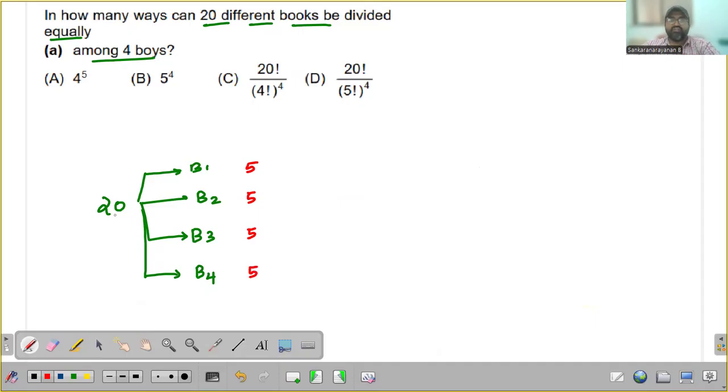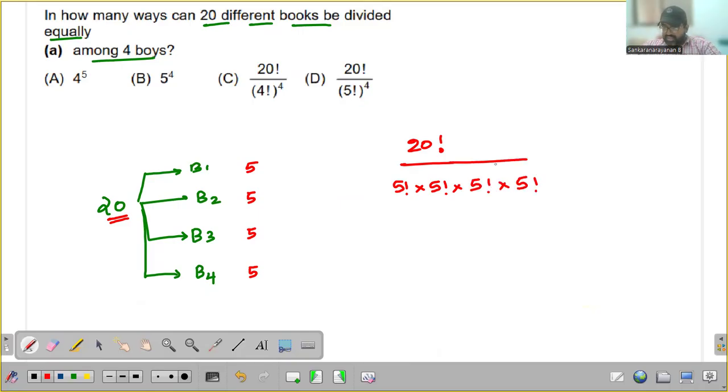So it's all about dividing this 20 into 4 groups, each group consisting of 5 books. How many ways can you do it? It will be 20 factorial divided by 5 factorial into 5 factorial into 5 factorial into 5 factorial.